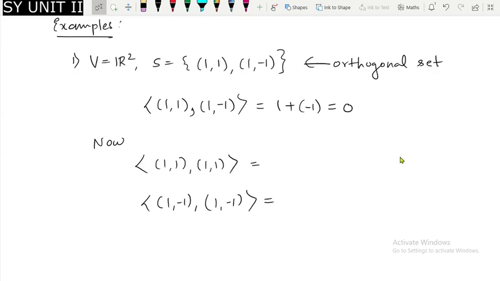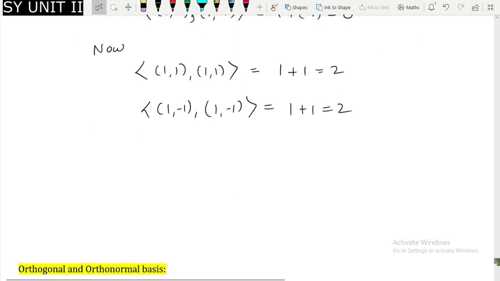But what we will get, 1 plus 1, that is nothing but 2, and over here you will get 1 plus 1 again, which is 2. So the inner product of distinct vectors is 0, but the inner product of a vector with itself is not 1. Okay, so therefore it is not an orthonormal set, but it is orthogonal.